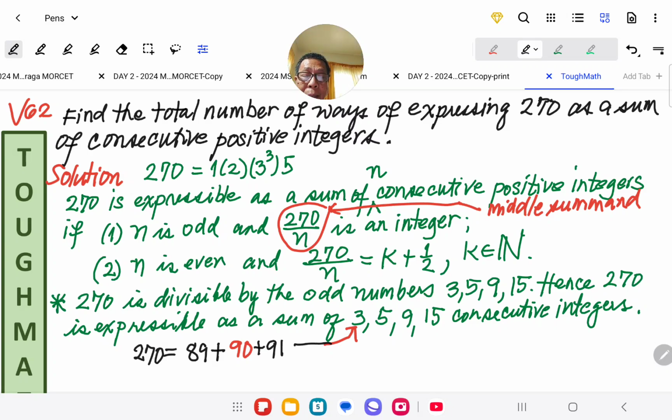In the case where there are 5 consecutive positive summands, 270 divided by 5 is 54. So the middle term is 54. And since there are 5, you have a 55 here. I would change the color for emphasis.